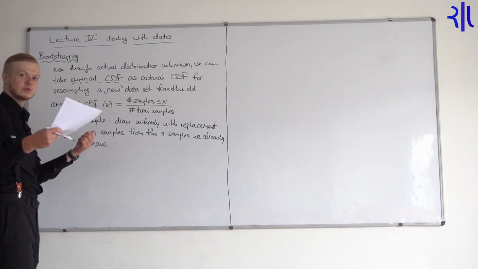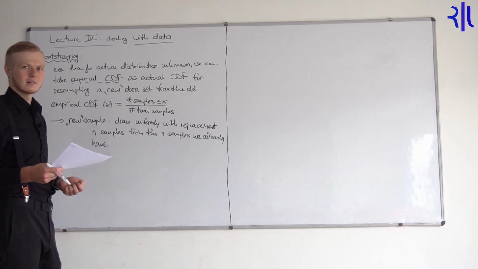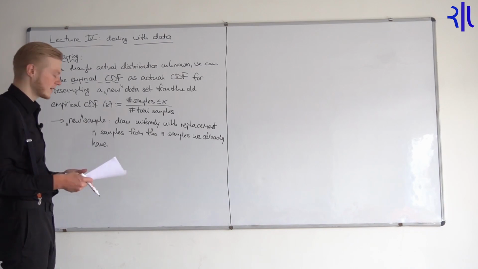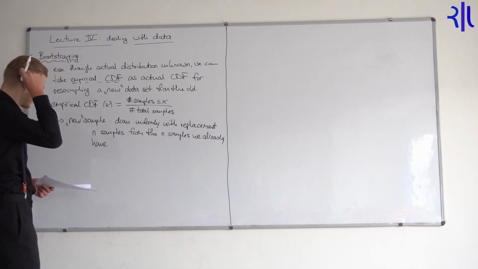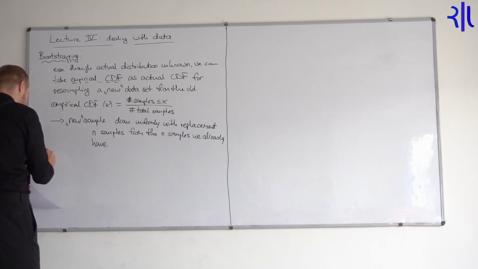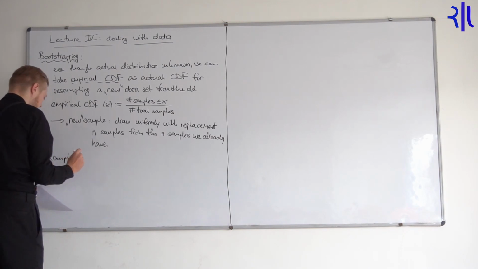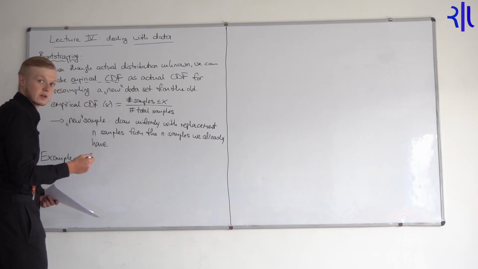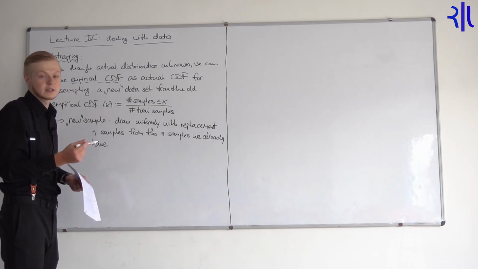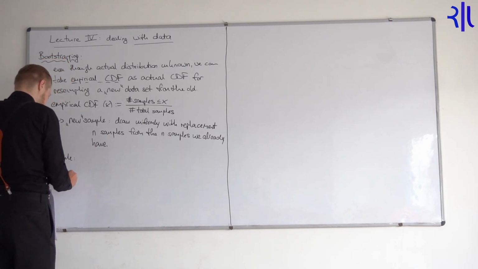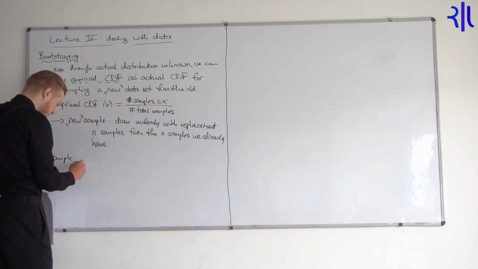So we get a whole new data set that is distributed in a similar fashion as the one that we already have. So let's visualize that a little bit. First of all, what does it mean that the empirical CDF is equal to the actual CDF? The empirical CDF will look something like that.